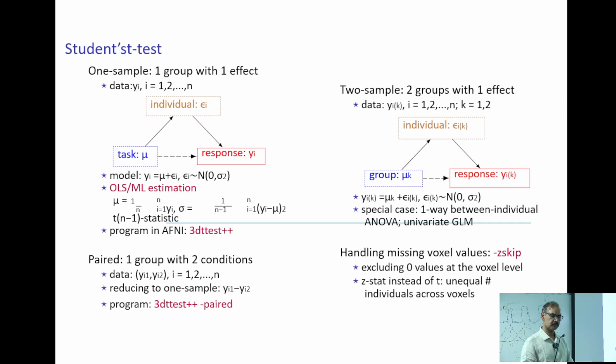Okay. You can also have two different groups, right? Healthy subjects who are doing a particular task, then people with, let's say, some disorders who are doing the same task.